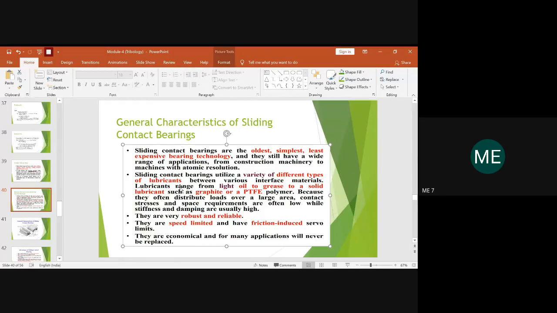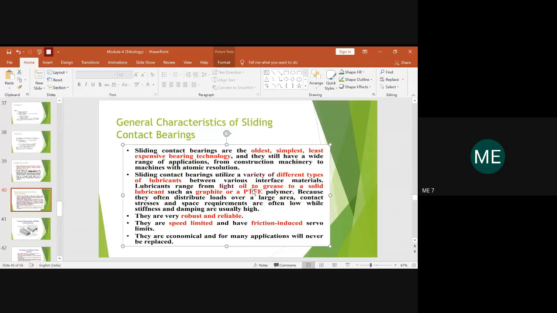You can try to evaluate the performance using anything from a very light oil to grease. That means you can vary the viscosity of the given lubricant and grade, and check which yields the best optimum result for smooth movement across all types of sliding contact bearings.